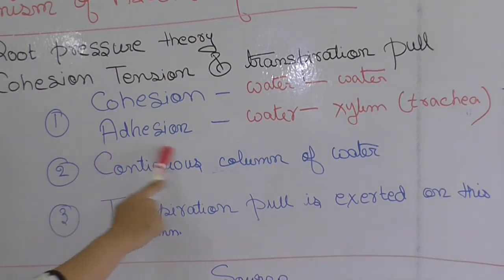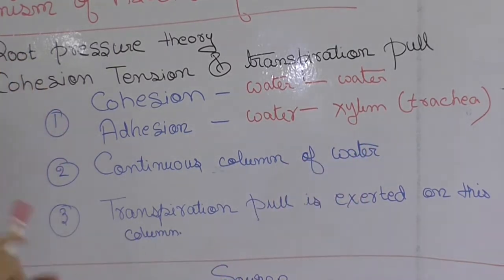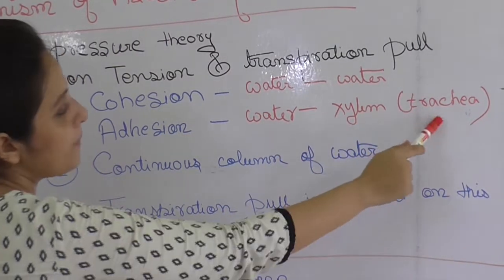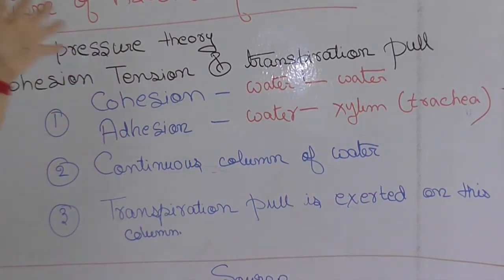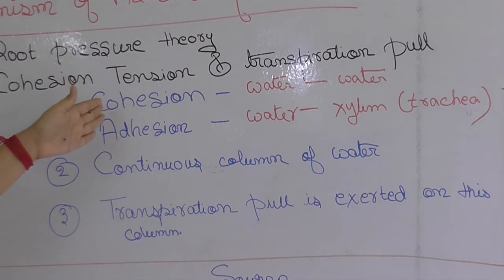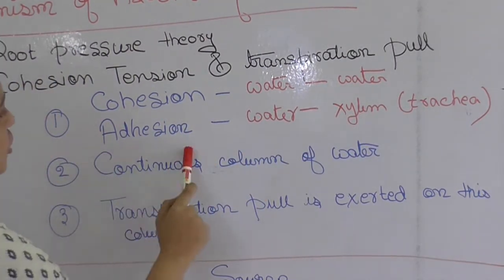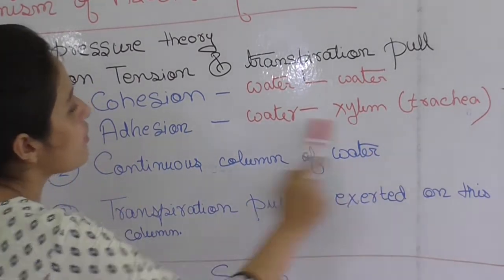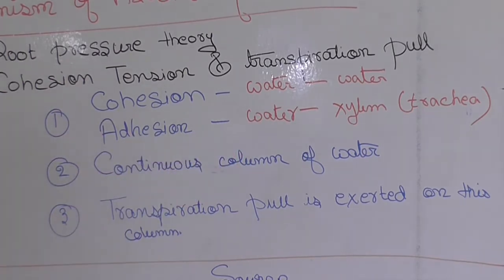And in the adhesion, what happens? The water is attached to the xylem, that is the trachea part of the xylem. So here, the attachment is so strong because of the cohesion and adhesion, it will create a continuous column of water, and this column is risen up by transpiration pull.